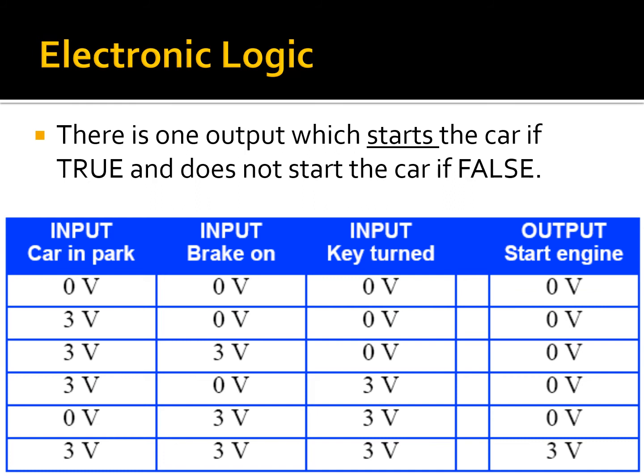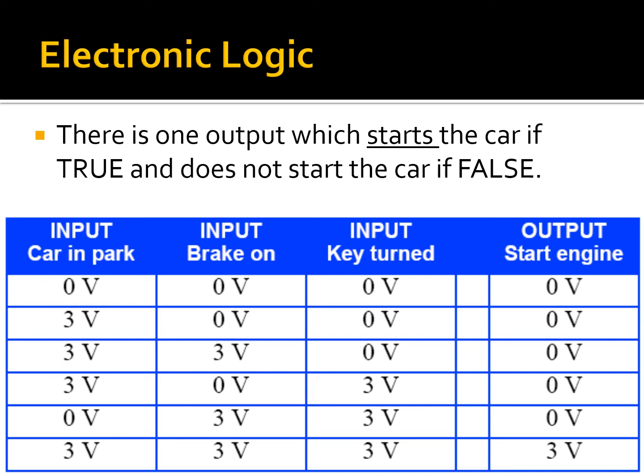If I have the car in park as 3 volt, brake is on, but the key's not turned, car still won't start. If I have the car in park, the brake is not on, and the key is turned, the car will not start. The only combination of these is if all three of those are true, then my output is true.